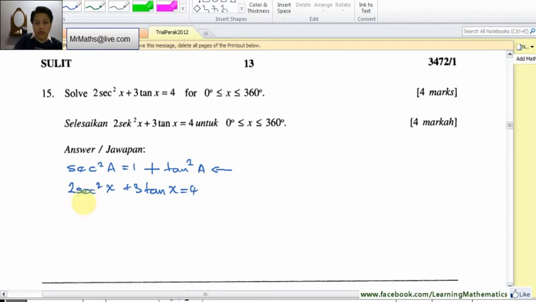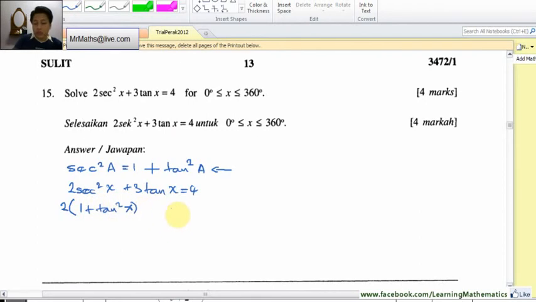So let's replace secant squared with 1 plus tangent squared. This is not theta, this is x, sorry. Let me repeat that. 1 plus tangent squared x is equal to secant squared x.